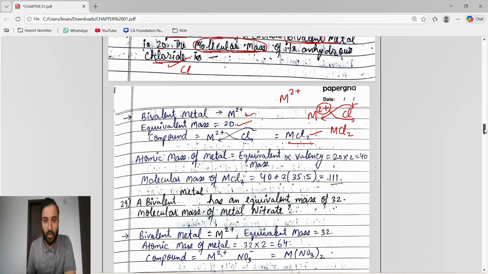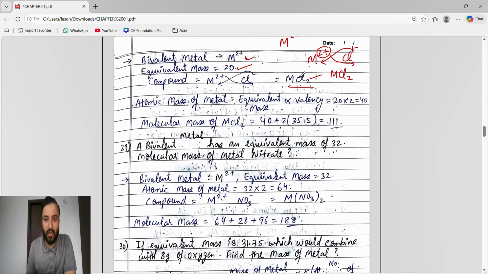For the molar mass of MCl2, we know the chlorine molar mass is 35.5, so Cl2 means 2 into 35.5. That is done, easy peasy. But M means metal, so we have to find the atomic mass of this metal.